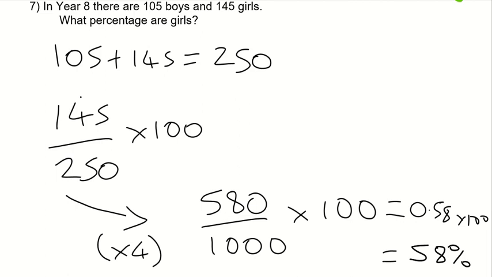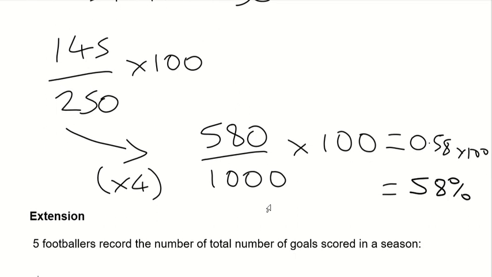So I used my logic and I thought, okay, I can actually make this into 1000, and dividing by 1000 is almost the same as dividing by 100 when it comes to moving the numbers around, or the decimal point, whichever way you see it best. So that's why I actually multiplied this to make it 580 over 1000, because I know for a fact if I move the numbers from the decimal point, I would still get 0.58, which makes it easier for me to see. So the final answer is 58%.